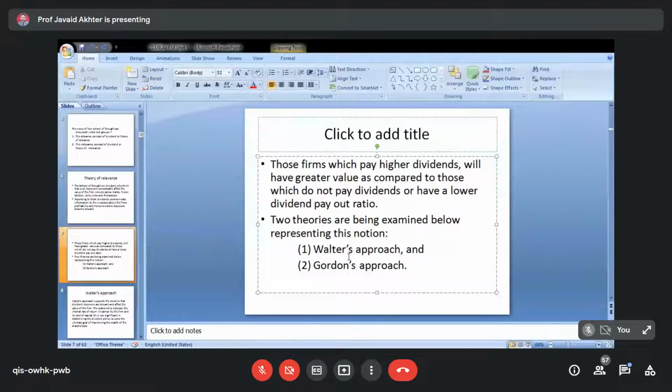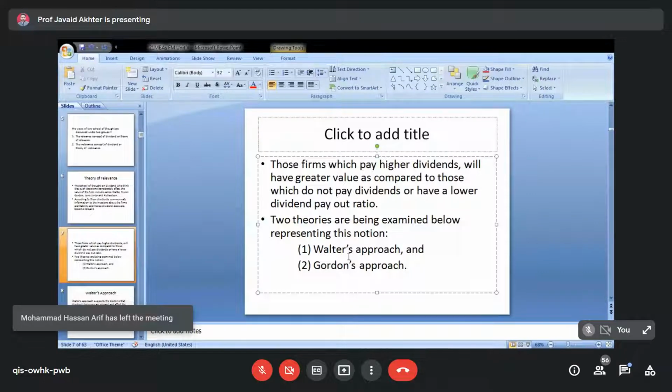Higher dividend payout ratio, lesser dividend payout ratio, constant dividend payout ratio, the moment these change, share price changes. That means according to them, dividend decisions are relevant.